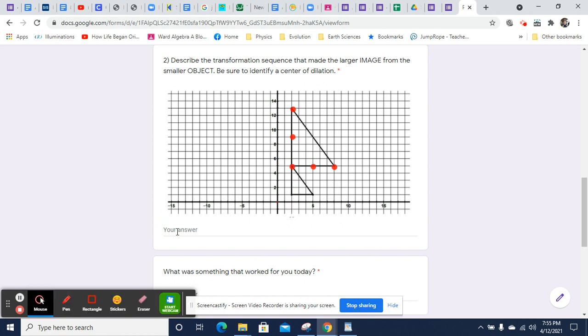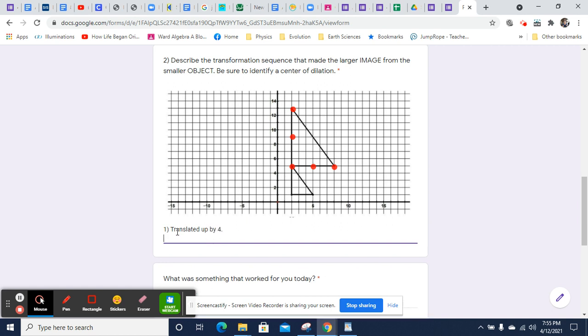So let's capture all of that. One, we would have translated up by 4, and then two, dilated by a factor of 2 at a center of dilation at 2, 5. Now could we have gone the other way around?